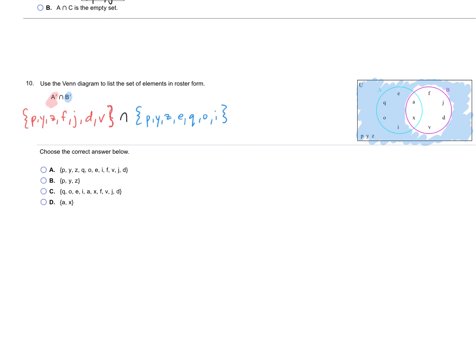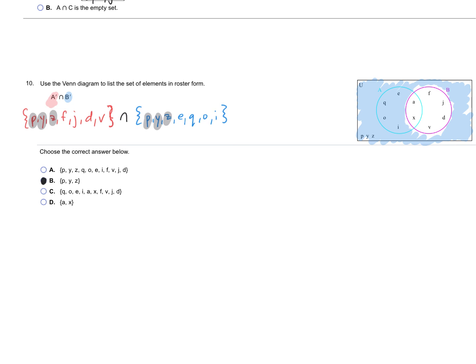I've listed those out in roster form. Now I want to find the intersection. So now all I'm going to do is look for what's in common. P, Y, Z, and then that's it. That's all they have in common, right? So that would be the answer. Let's see, that is answer choice B.